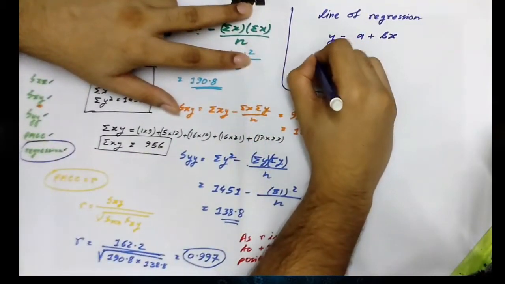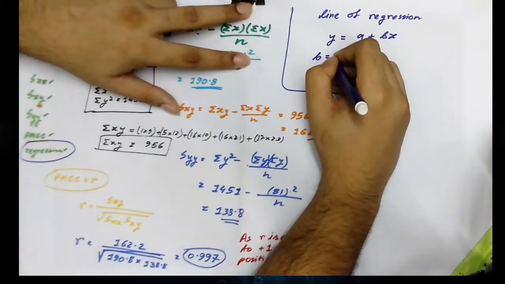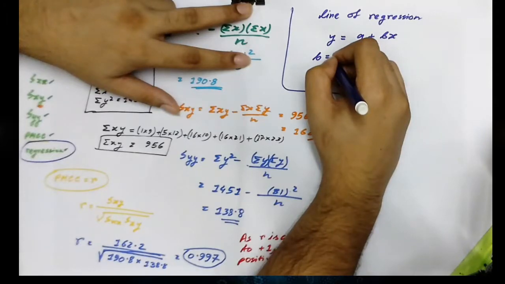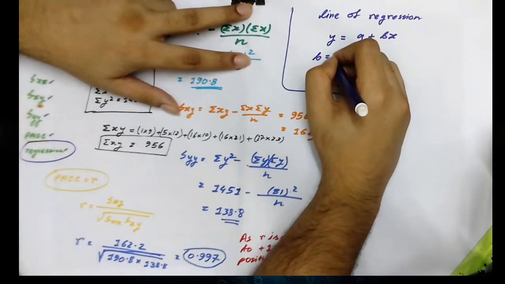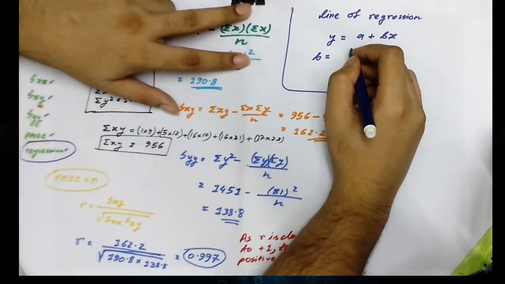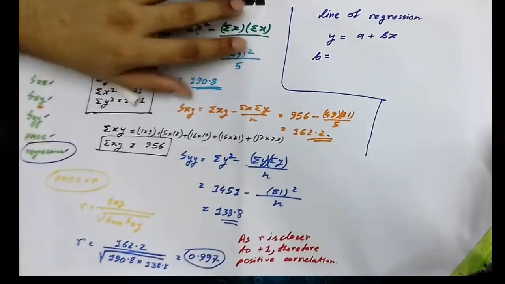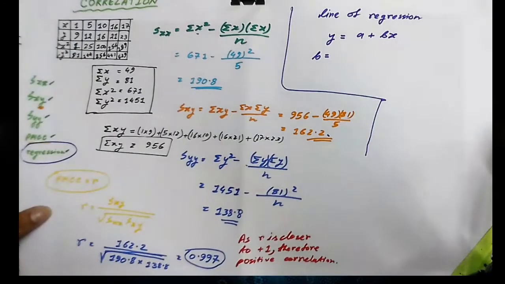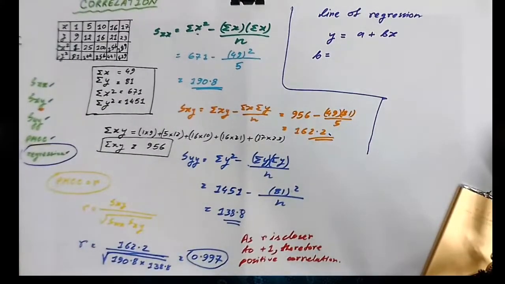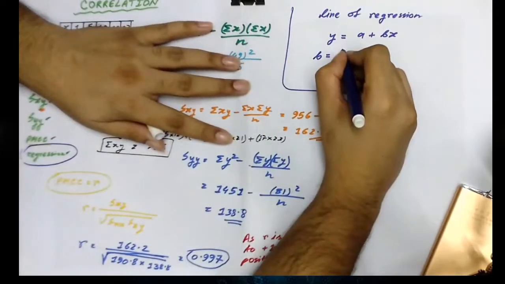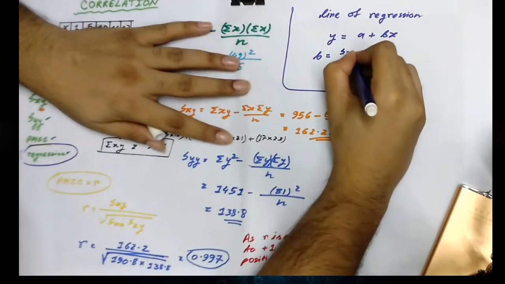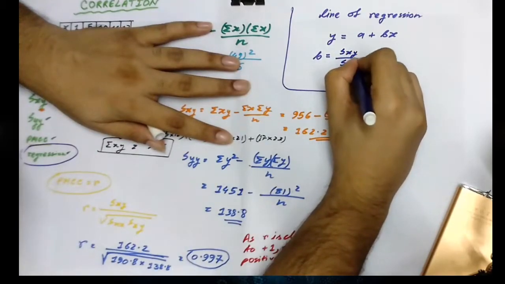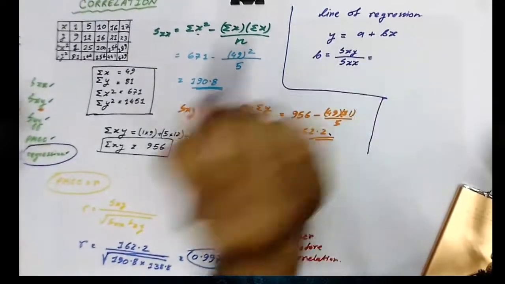Now in this case, b is equal to Sxy by Sxx. Sorry for the video freeze.